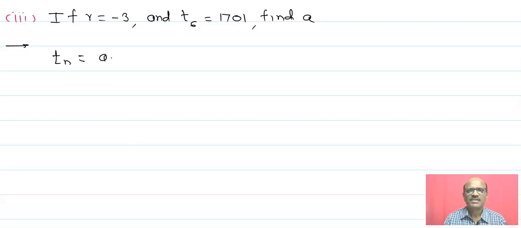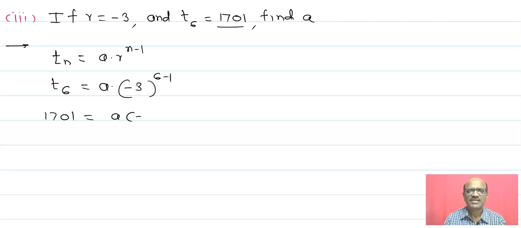Third example, if r is equal to minus 3 and T6 is equal to 1701, find a. Now see this, the formula: Tn is equal to a into r raised to n minus 1. Therefore T6 is equal to a in brackets minus 3 raised to 6 minus 1.